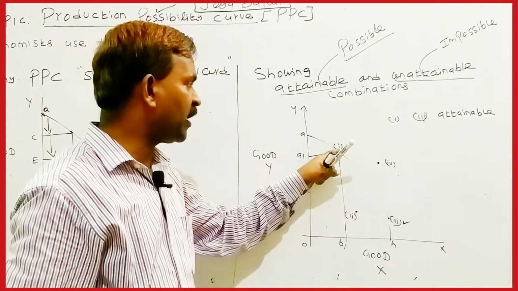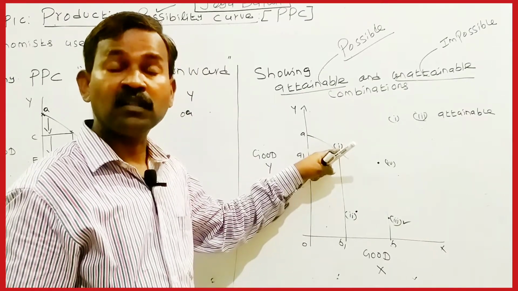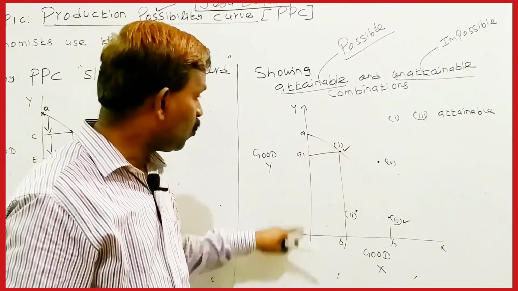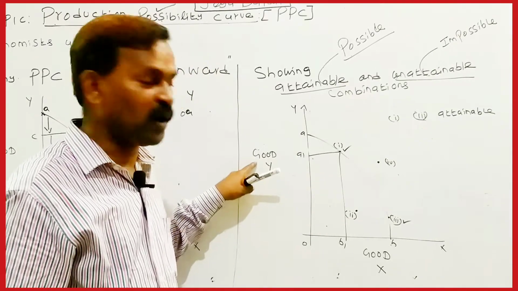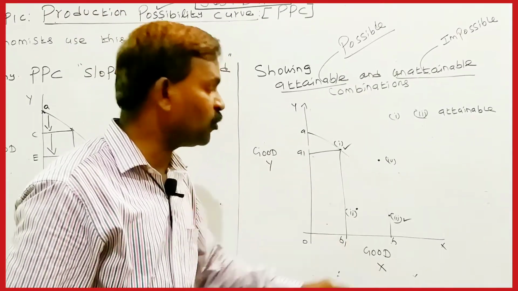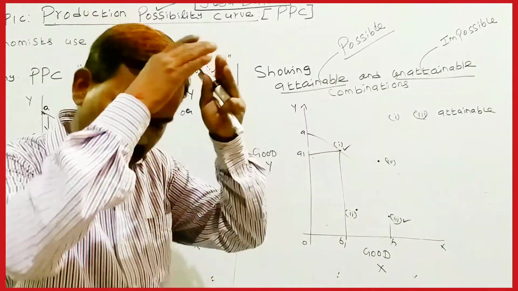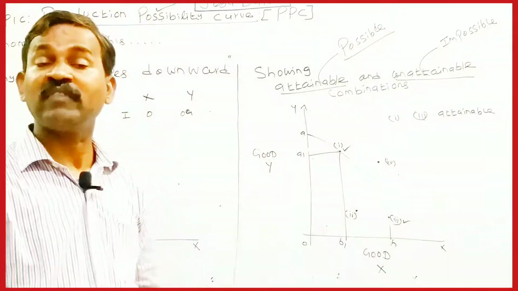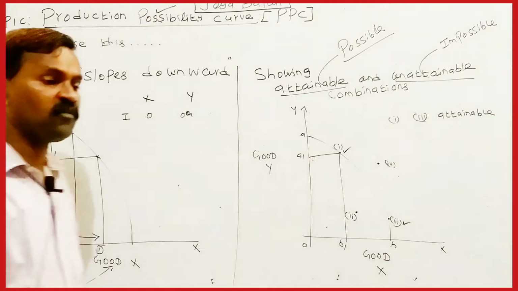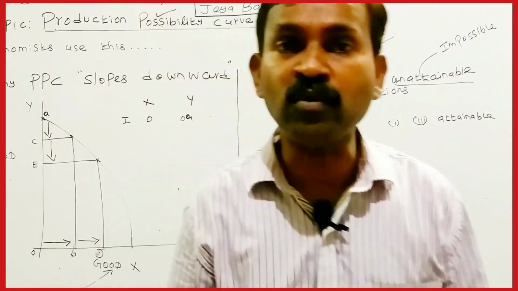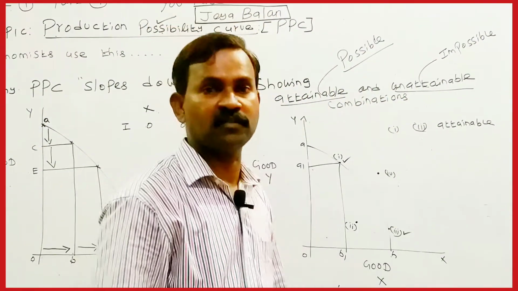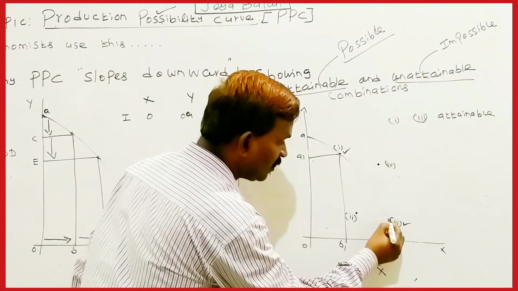What is the meaning of this point? At this point on PPC, the economy will be able to produce OA1 number of units of good Y, OB1 number of units of good X. So it is a combination that is practically possible when all the resources of an economy are fully utilized and efficiently utilized. What is the meaning of this point?